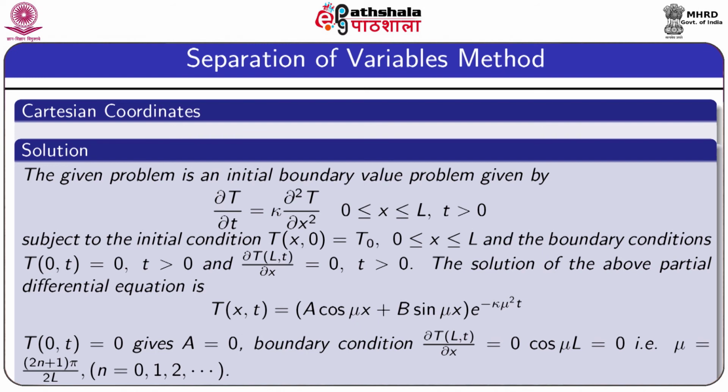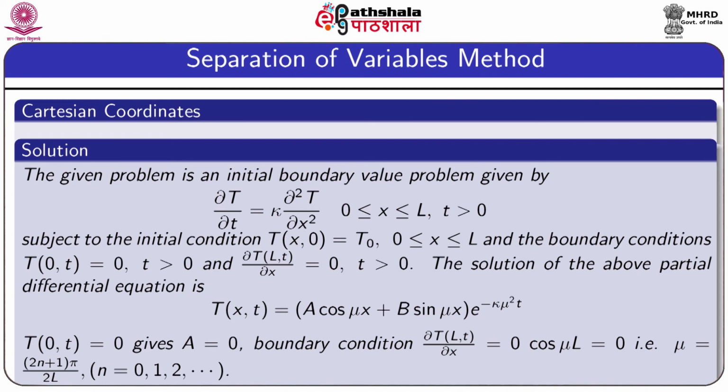If we recall the solution of the one dimensional heat equation in Cartesian coordinates, this is the general solution. Capital T is equal to (A cos mu x plus B sin mu x) e to the power minus kappa mu square t. Now, we need to satisfy the boundary conditions and the initial condition for this problem.